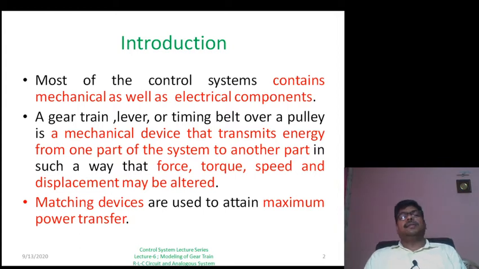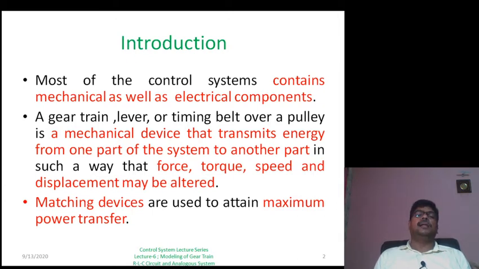In the last lecture, we have taken up the example of the automobile. In the automobile, there was a rotational motion, and that rotational motion is translated into the translational motion, and due to this, there is a movement of the vehicle. And that vehicle has a facility to change its velocity, to change its torque, and change acceleration.